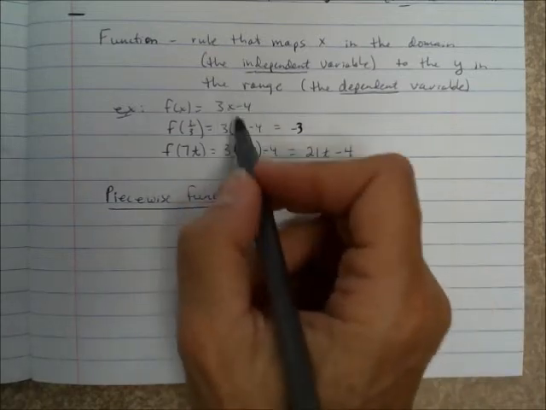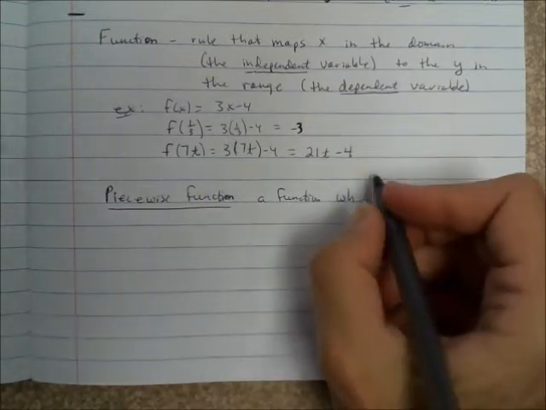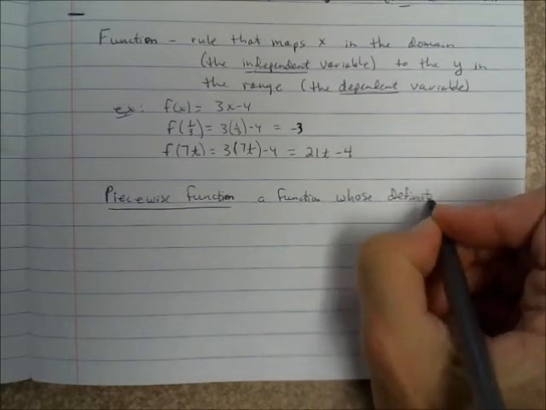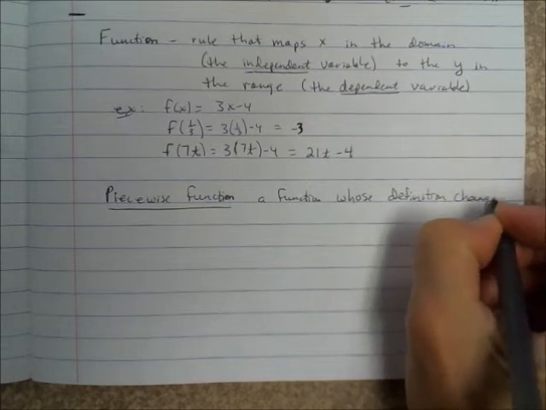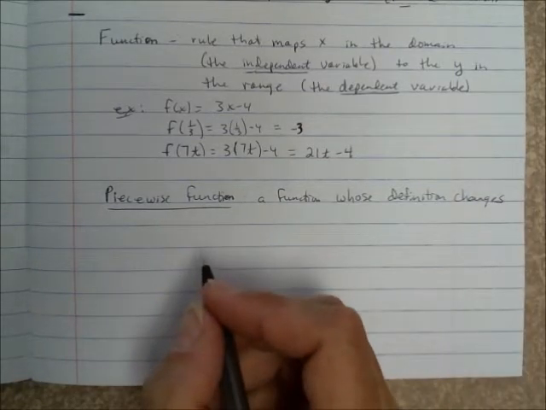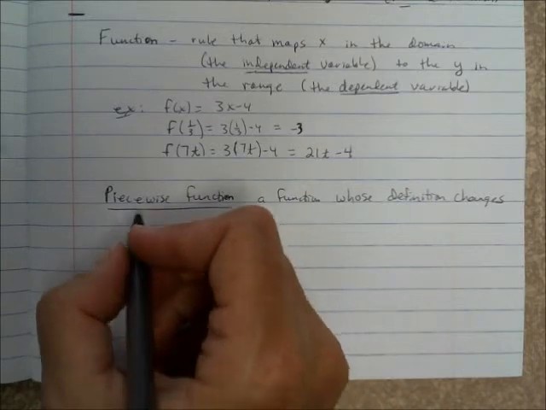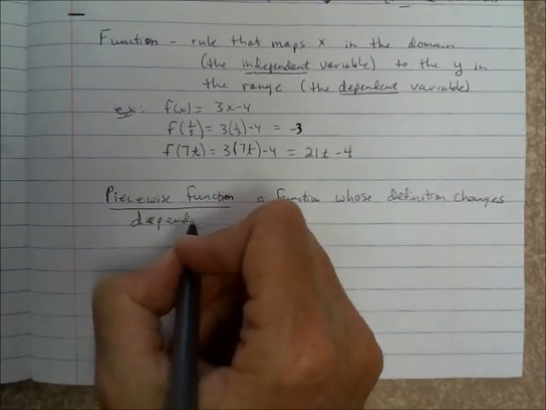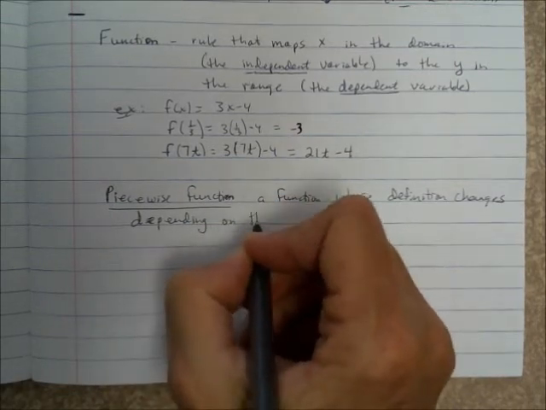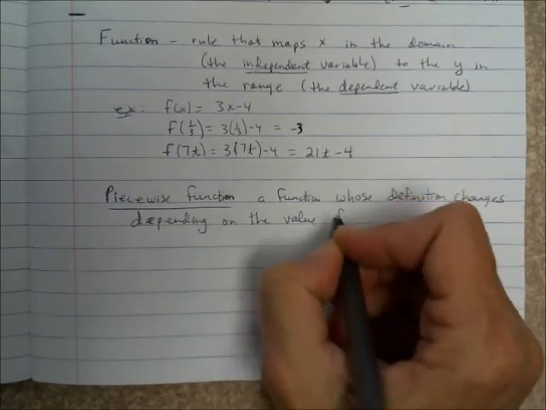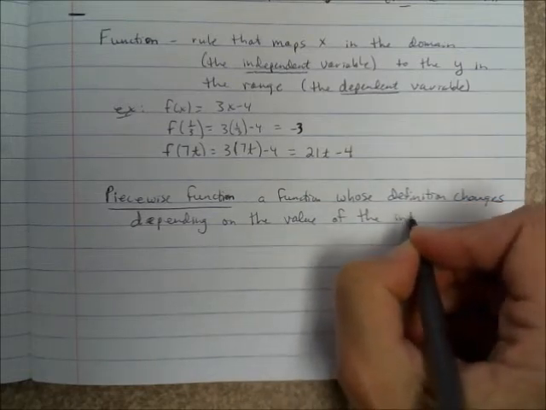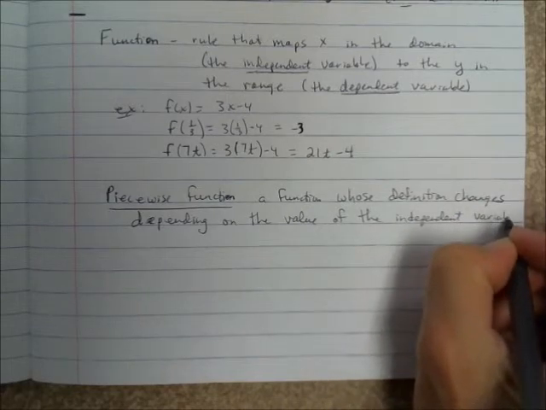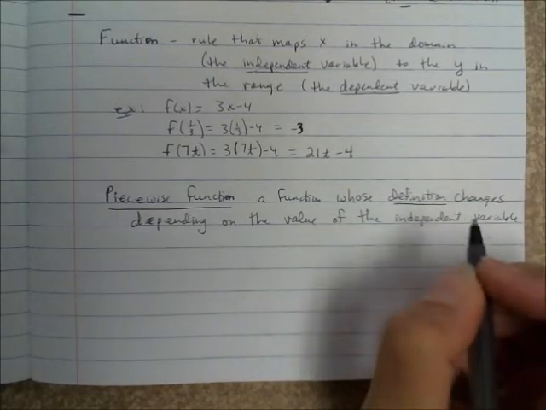Like this would be the definition, 3x minus 4. Well, this definition is going to change. And it changes depending on the value of the independent variable, or x. So the definition is going to change.